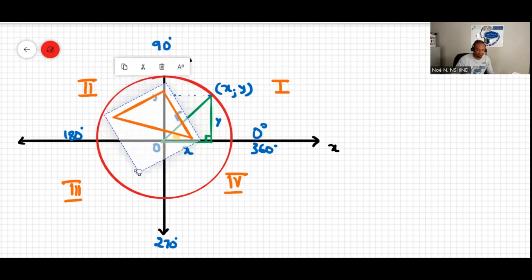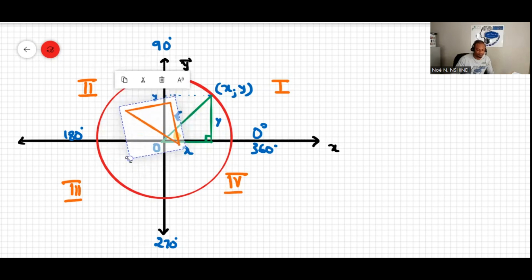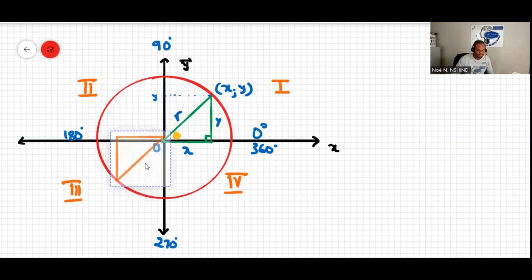Or it can be like this. The triangle can be there, and also on the other side. But the base must always be on the x-axis because that makes sense. And then the height of the triangle must also be on the y-axis because it is the vertical side.